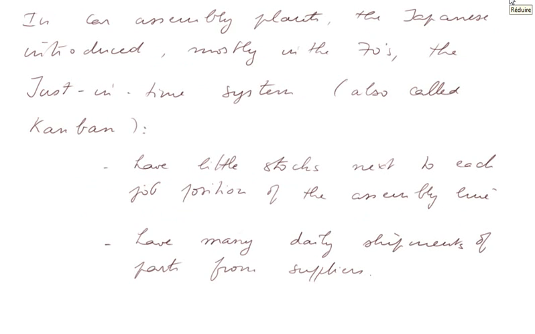In car assembly plants, the Japanese introduced, mostly in the 70s, the just-in-time system, also called Kanban. That's a Japanese word. And the just-in-time system, JIT, consists in this: have little stocks next to each job position of the assembly line and have many daily shipments of parts from suppliers.